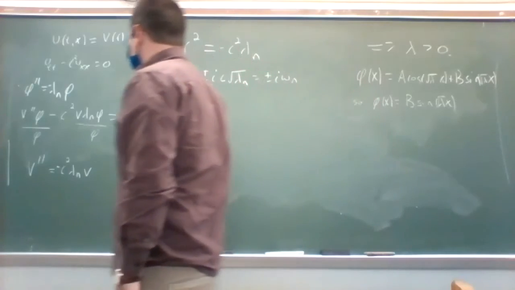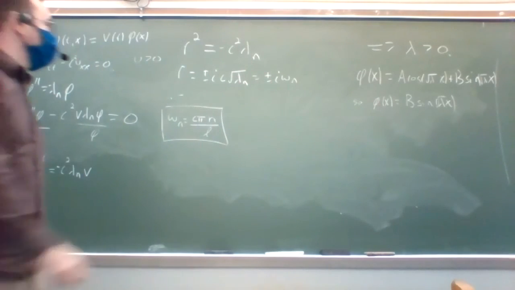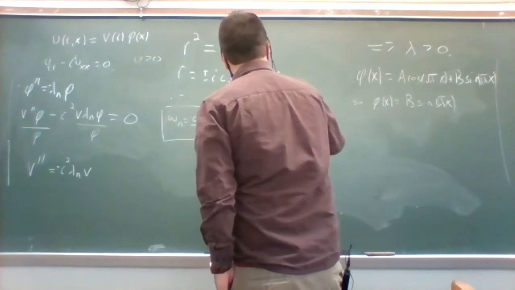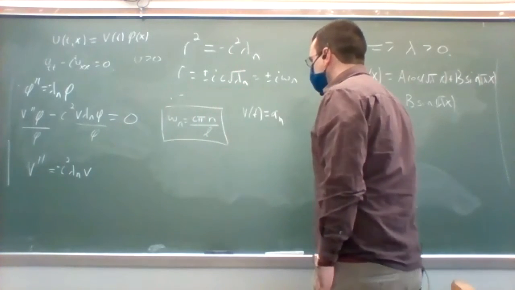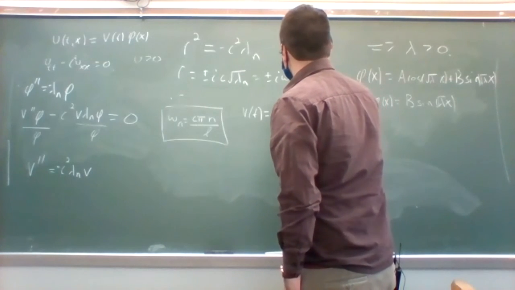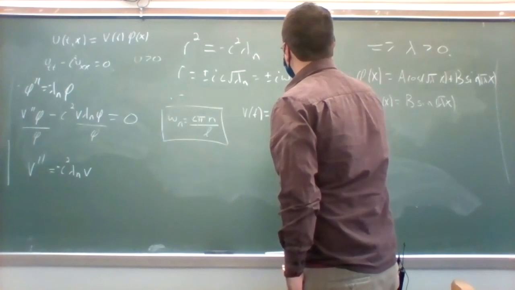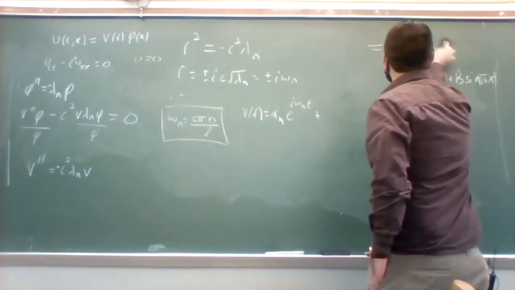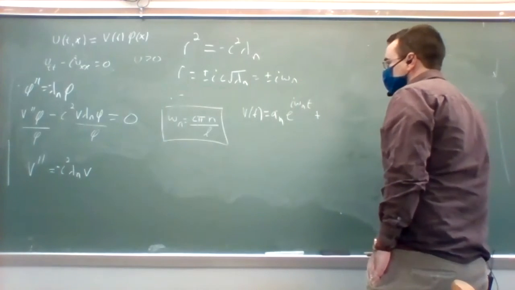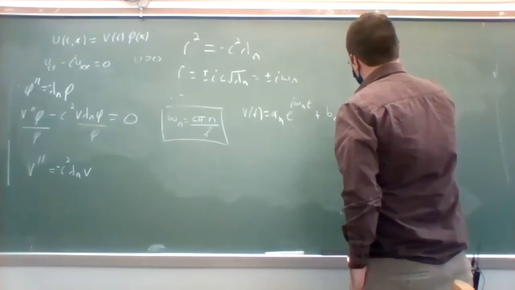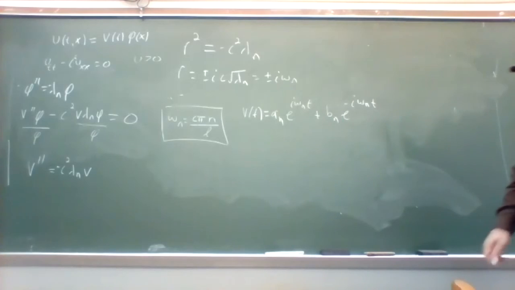So my solutions to this ODE are going to be v of t equals some complex number a sub n times e to the i omega n times t, plus maybe some constant b sub n times e to the minus i omega n times t.